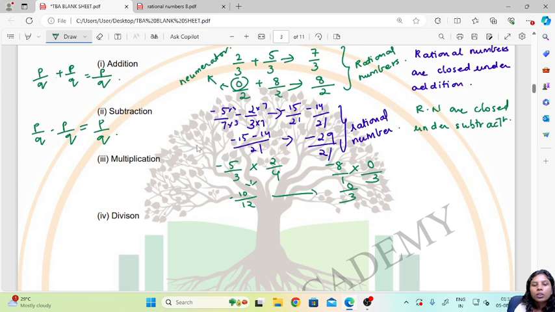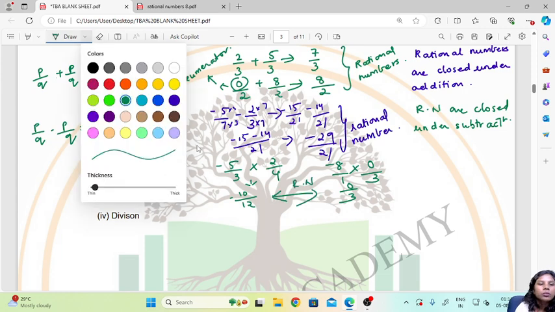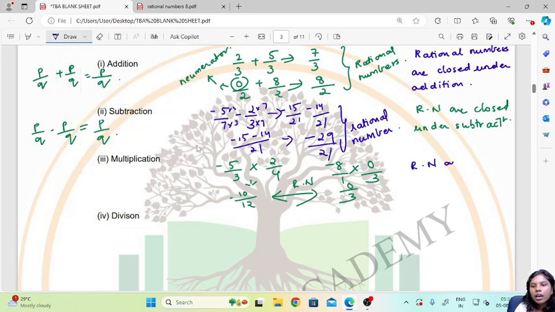Now these two are also rational numbers, so we can say that rational numbers are closed under multiplication. Correct? And we can say that p by q into p by q gives us a p by q.